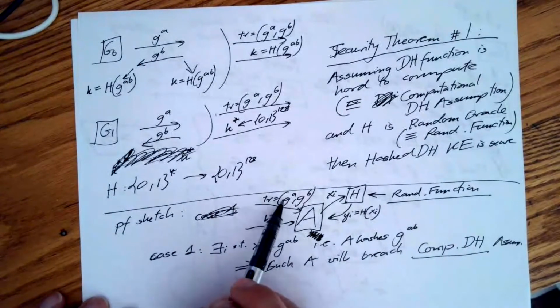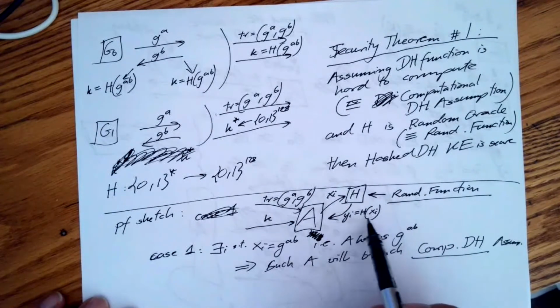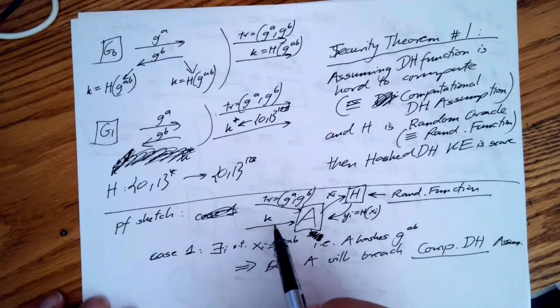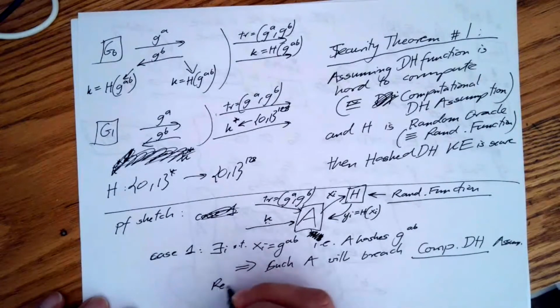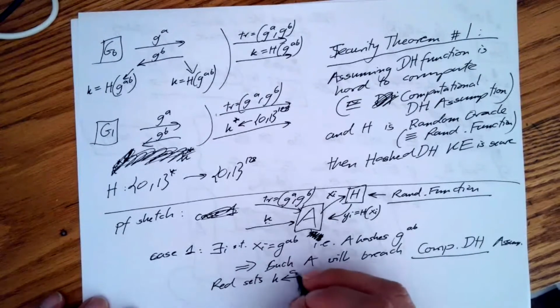Yes, because I'm giving him g to the a, g to the b. He does whatever, and I just output random values because I'm a random function. And here, by the way, what do I give him? Well, in fact, the reduction sets K to be random.